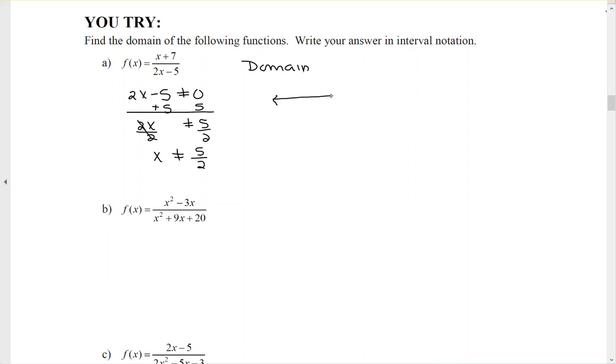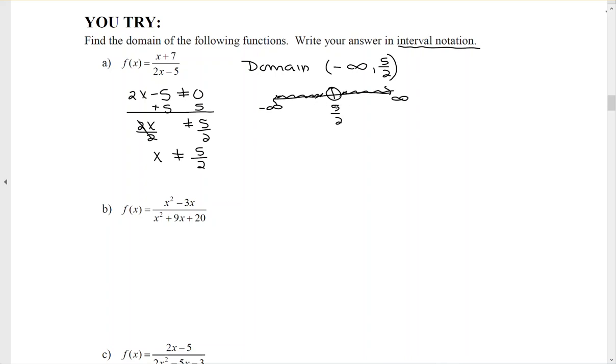If you think about it on a number line, here's 5/2. You can't use that number, but you can use all the numbers to the left and to the right of it, from negative infinity to positive infinity, just not that number. So when we write this in interval notation, starting from left to right, out here to negative infinity, all the way over to 5/2, because that's an open dot, we have a parenthesis on it.